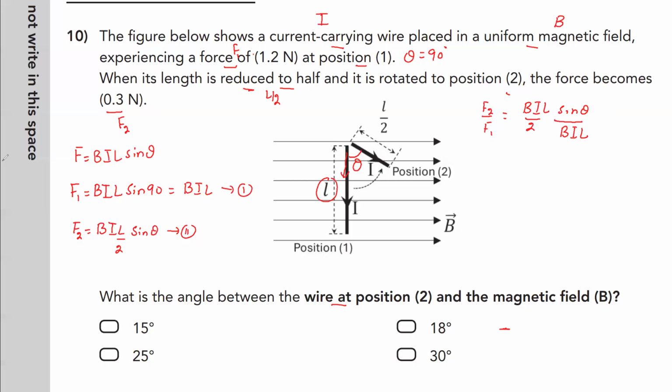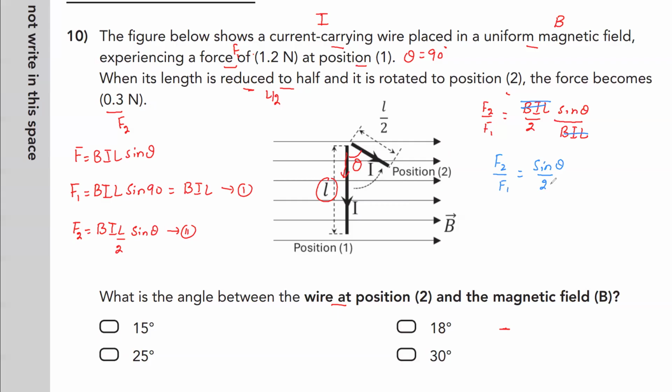Obviously IBL is cancelled out. So the remaining term is F2 divided by F1 is equal to sine of theta divided by 2. Just put in the values and you can get the answer.